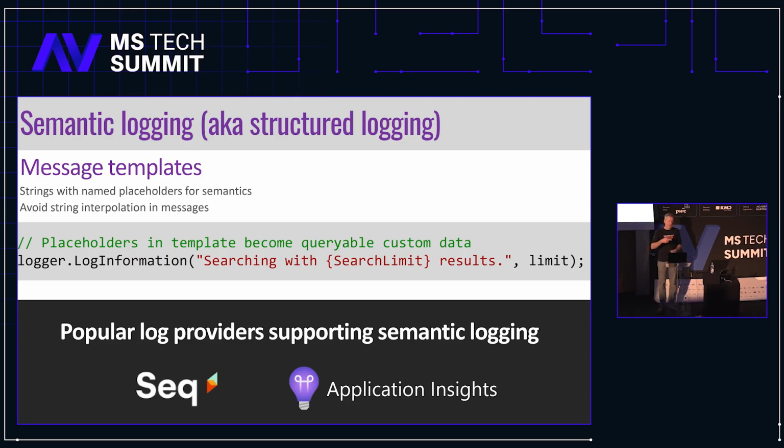And you see at the end that there's an argument that is limit, and it doesn't match up by name. It's positional. So the first placeholder goes to the first argument and so on. So you can have more than this. But this makes sure that we have a template that says, this is the text, this is the placeholder, and the information that goes here is separate. And you can query the information separately, but you can also see, when we fill it in, the string that says searching with, I don't know, 1,000 results.